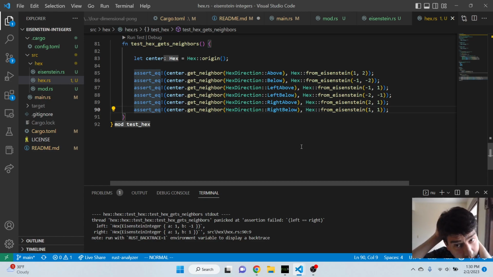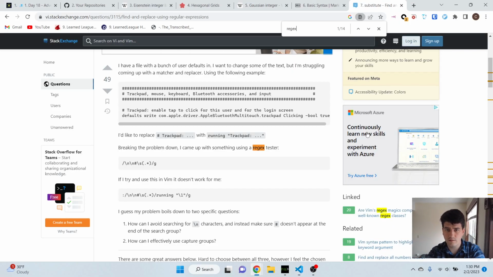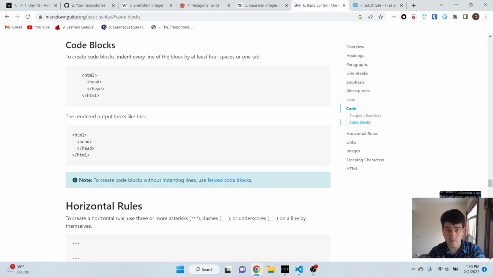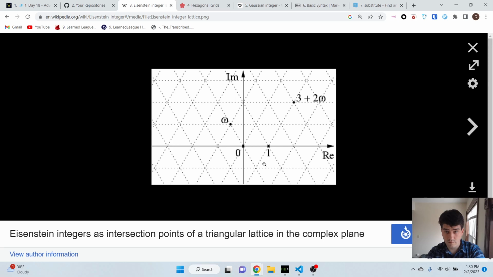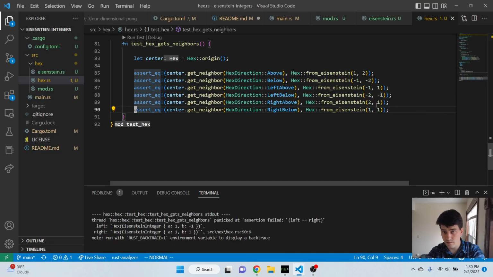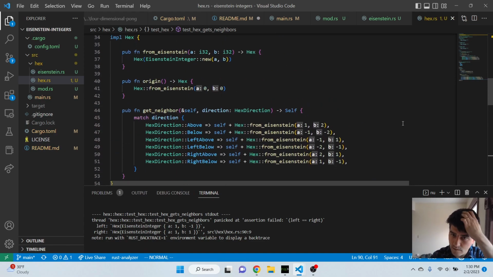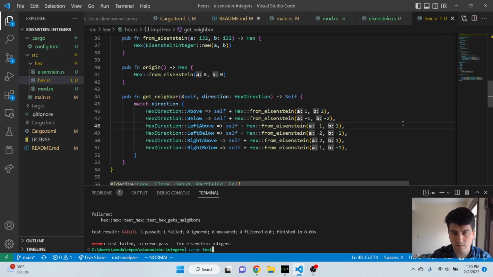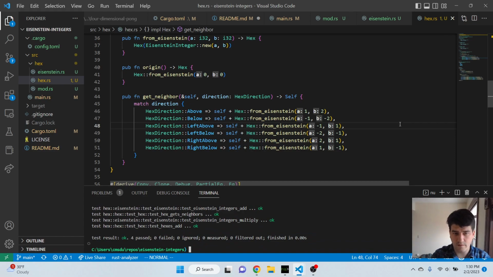Right below, we're saying is 1, 1. So right below should be 1, negative 1. All right.